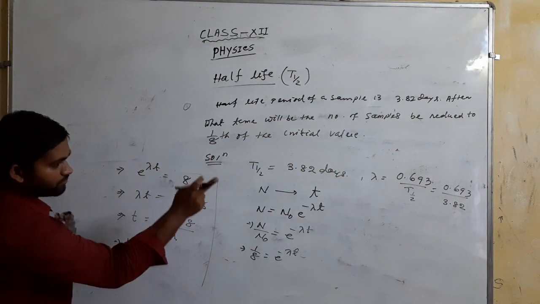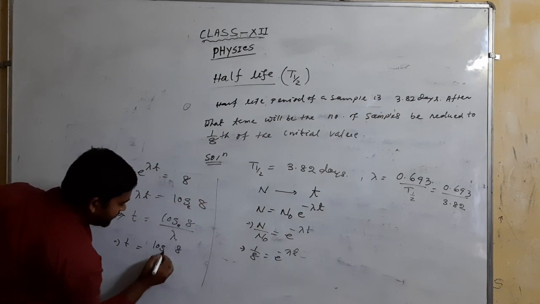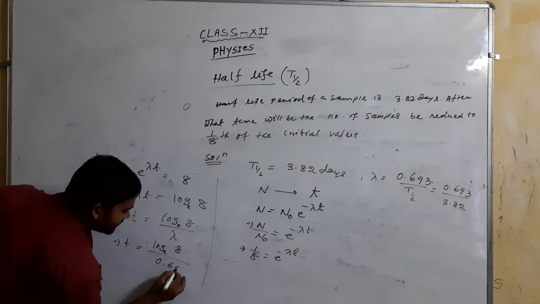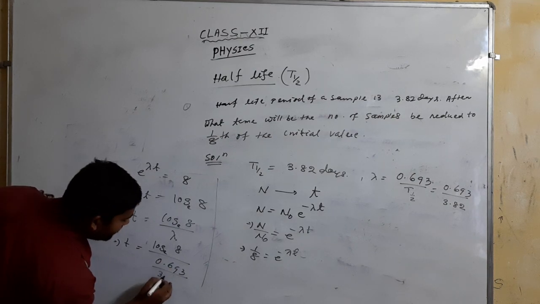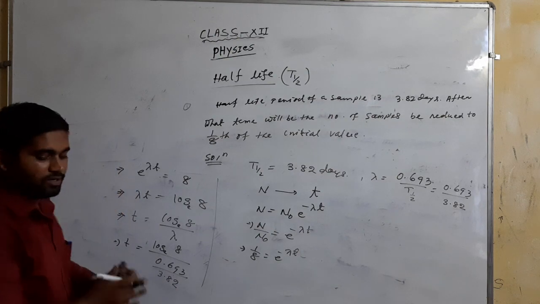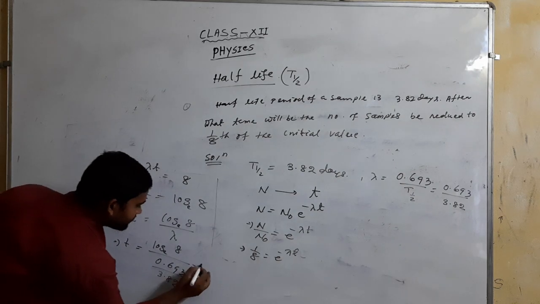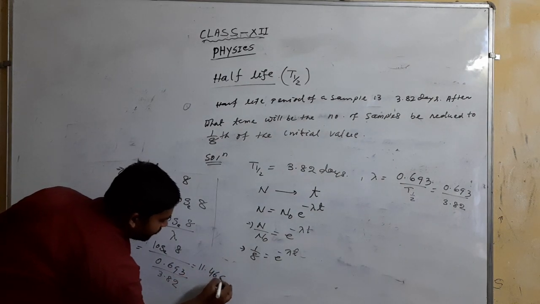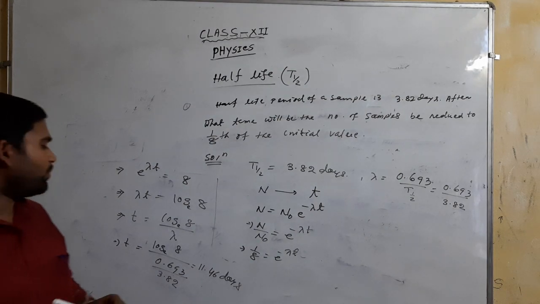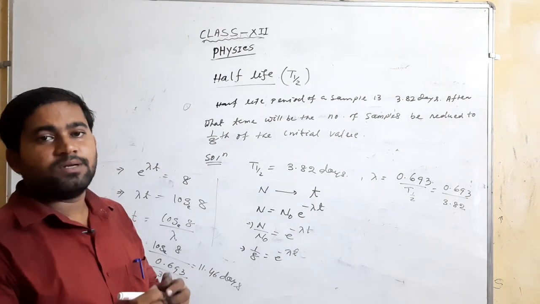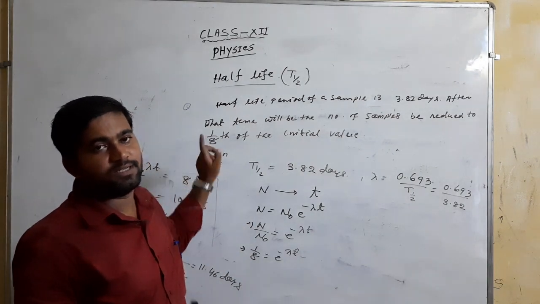Substituting, t equals log 8 divided by 0.693 over 3.82, and on solving we find it is 11.46 days. So in 11.46 days the number of samples reduces to 1 by 8th of the initial value.